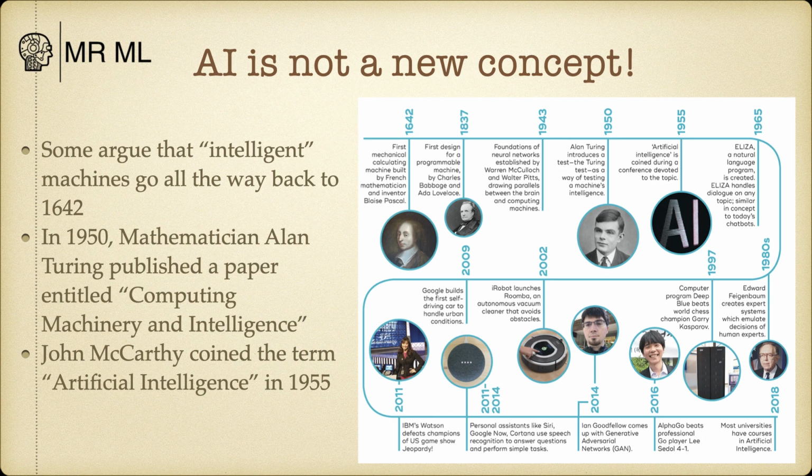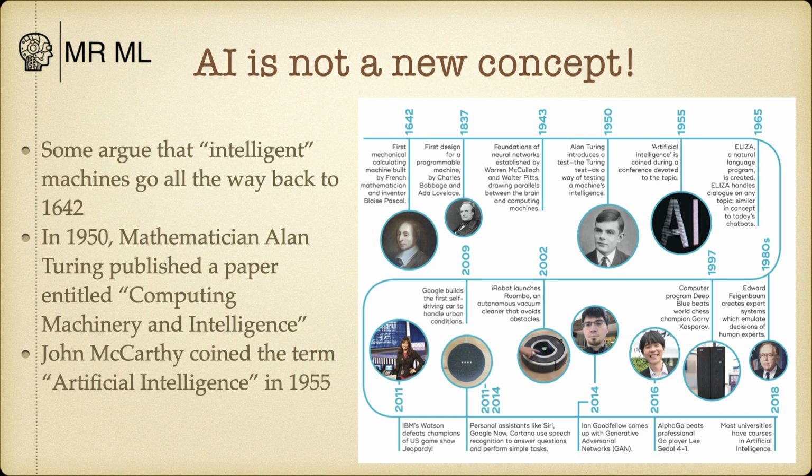Well, some people actually say that the first intelligent machine was a mechanical calculator that Pascal invented in 1642. That might be going too far, but one thing that is for sure is that in the 1950s is when we start talking about AI, artificial intelligence, and machine learning.